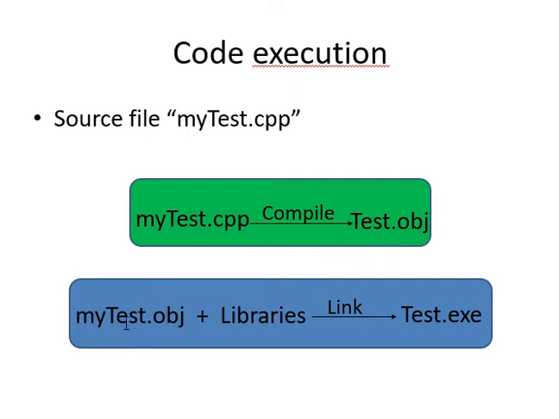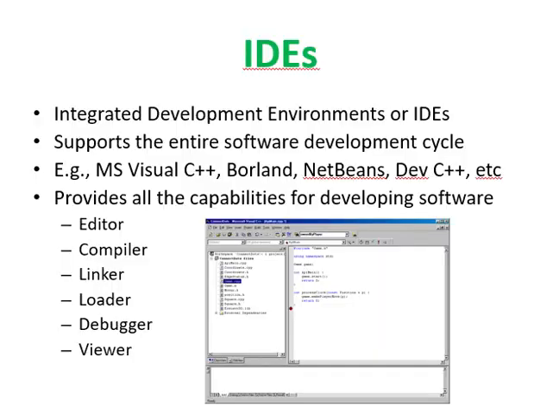After that, this test dot object plus libraries are linked to execute the application. Very important here: we discussed previously that we have a sample set of instruction code, and that needs to be executed in order to show the output of these instructions.